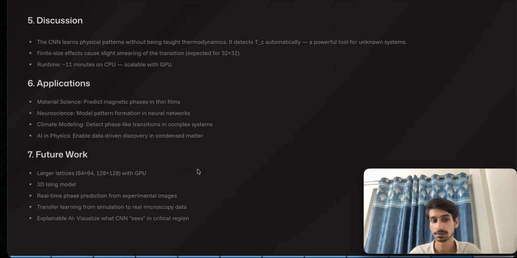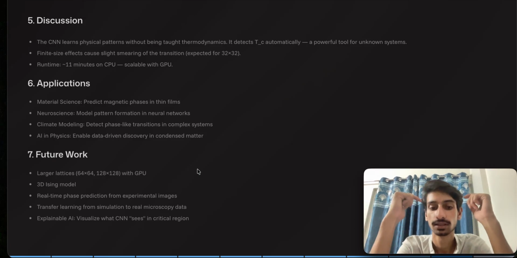In neuroscience, brain activity shows pattern waves, like Ising domains; train a CNN on neural recordings to detect critical states, for example seizures and awareness. In climate modeling, systems like ice melting, monsoons, or tipping points act like phase transitions.